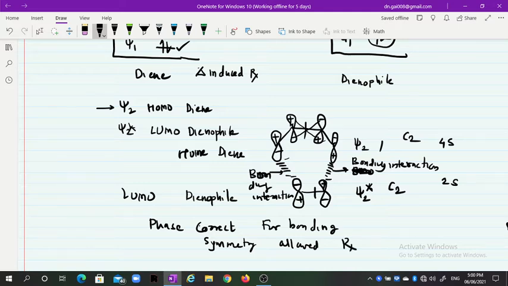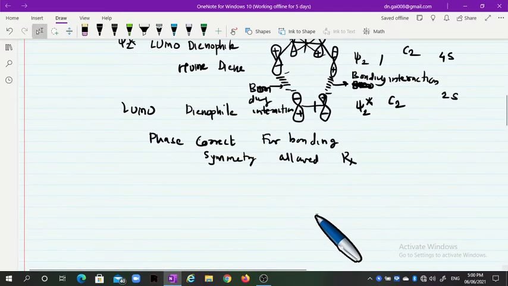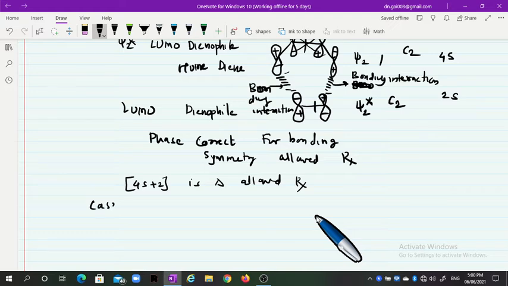Therefore, 4s and 2s is a thermally allowed reaction.